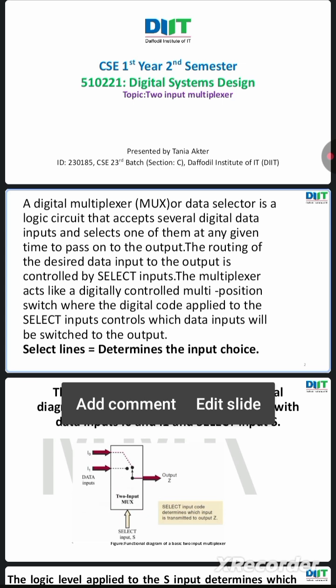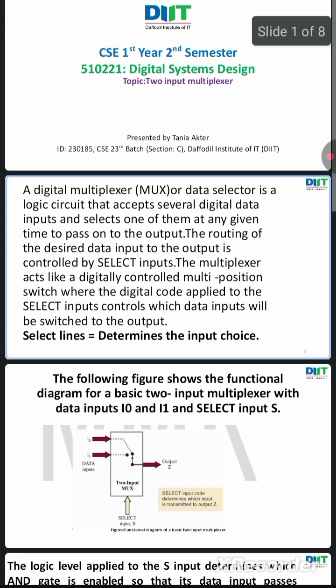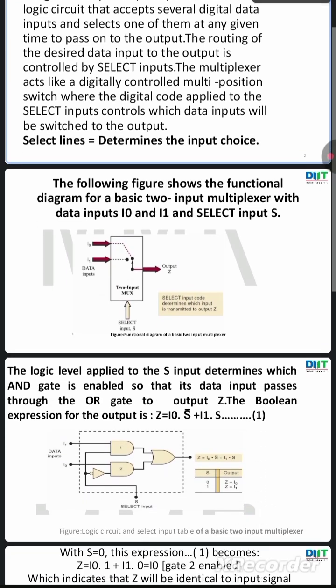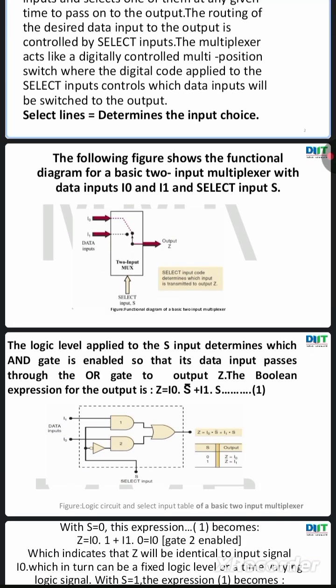Now, we will talk about the functional diagram of the multiplexer. This is the basic structure of a 2-to-1 multiplexer.